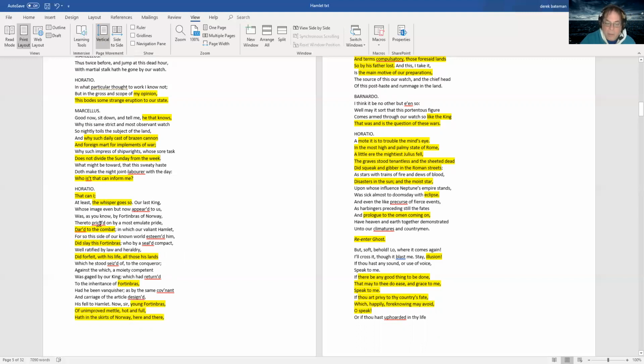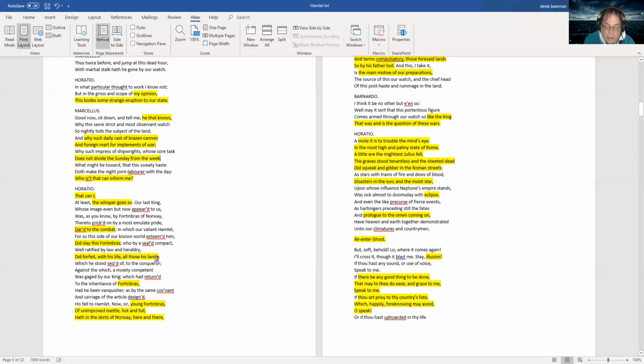What's being explained is that the king, whose ghost they just saw, got into a conflict with Fortinbras of Norway, and they had a battle in which the dead king did slay this Fortinbras. As a result of winning that battle, Fortinbras forfeited with his life all his lands which he stood seized of to the conqueror.